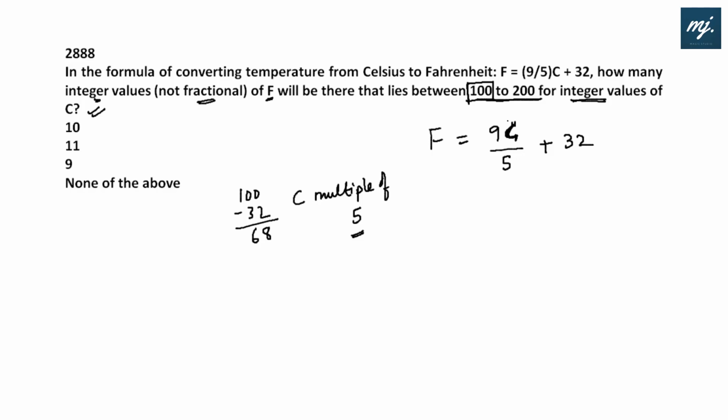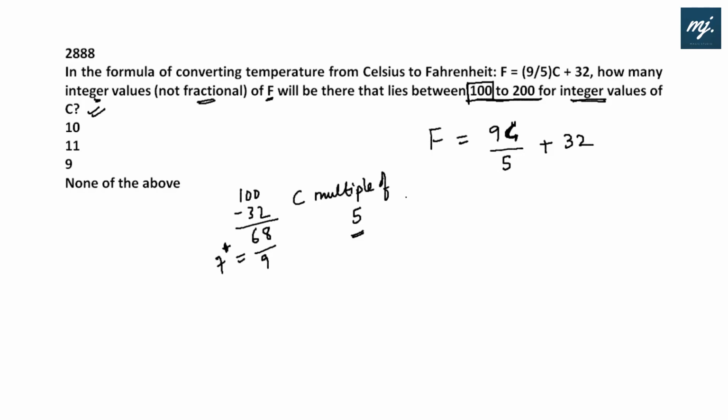Now, this value should be 68. 9, if I divide this by 9, that is 7 plus. So the value of C should be 7 plus, and C by 5, that is 80.